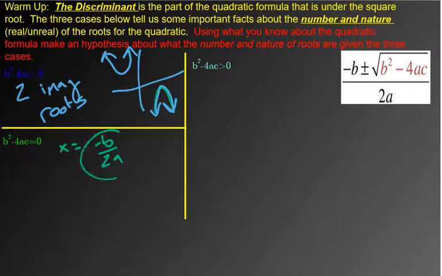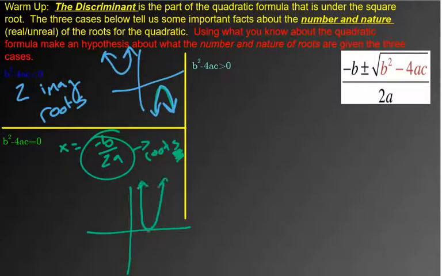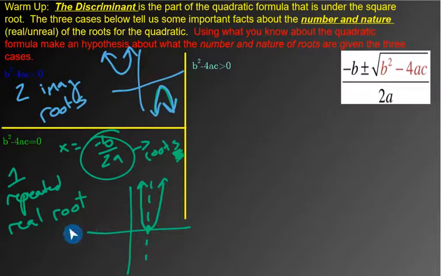So this really is the root. And it's kind of weird because you really only have one unique number. You have a case like this, where the root sits on the x-axis, and the root is literally the line of symmetry, the negative b over 2a part. So technically it's still 2, but a lot of times we say just one repeated, and it's a real root. You can actually see the x-intercept there.